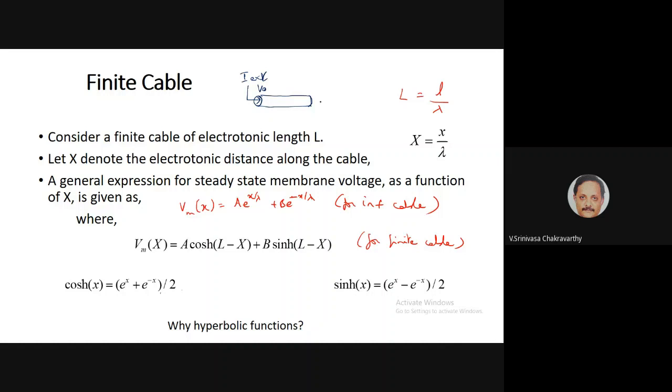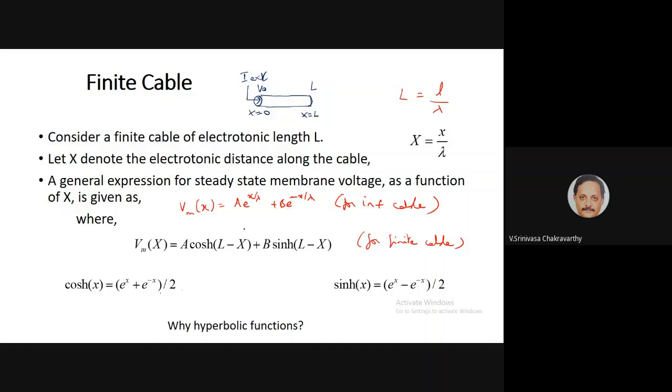So you can create boundary conditions where some quantity, either voltage or current, can be made to go to 0 at the other end. This is L, and this is x equal to 0, this is x equal to L, capital X equal to capital L. Now, whereas if you use only e power x and e power minus x, you can't make it go to 0 at a finite length because it's simply not convenient.